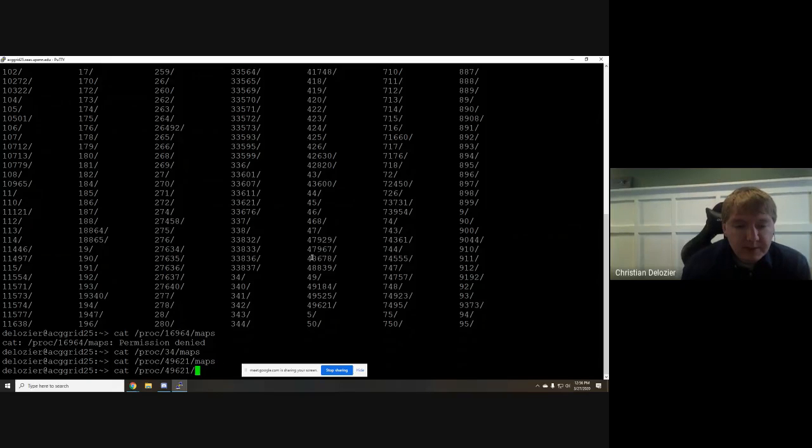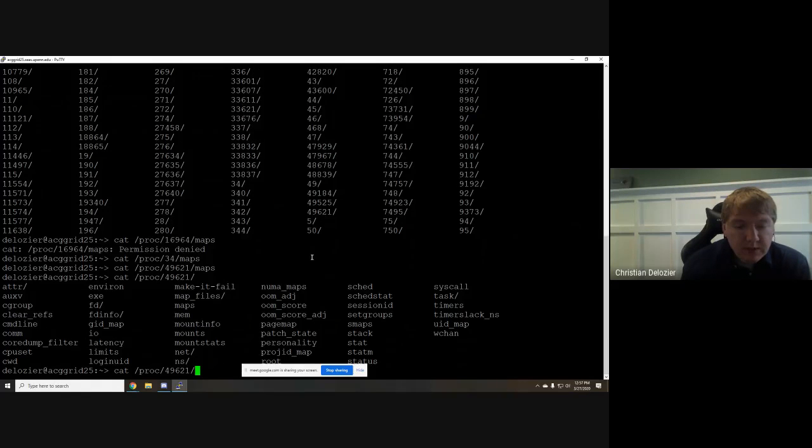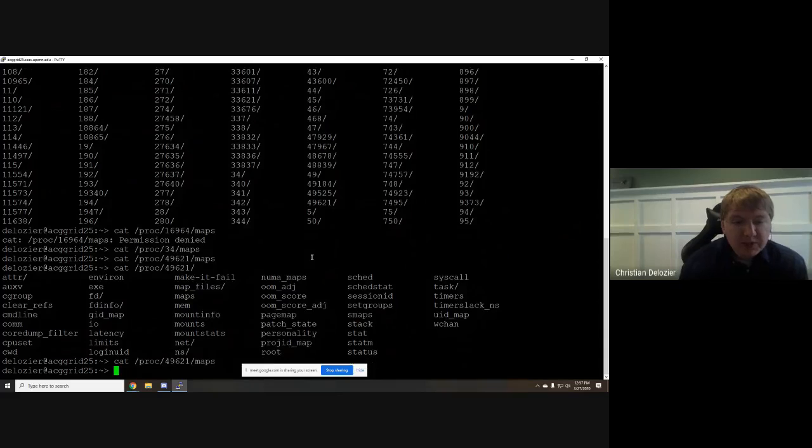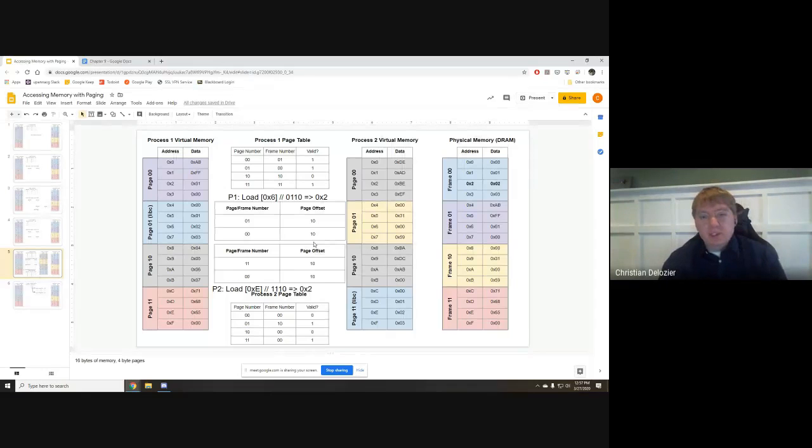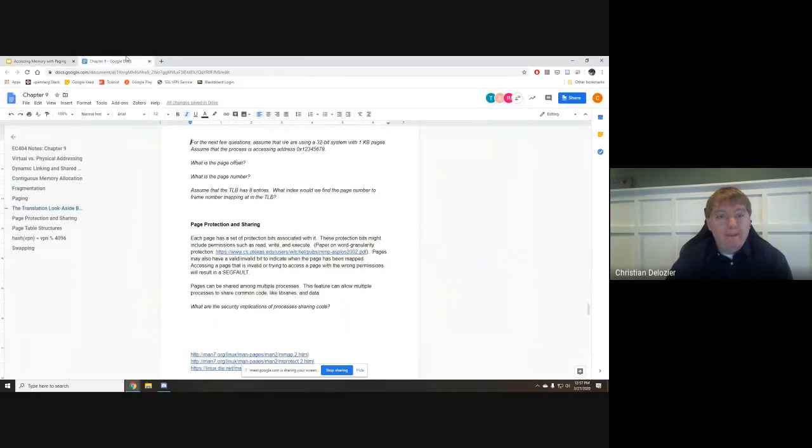That's weird. Usually when you cat maps, that should show you all of the process memory, but it's not showing it. So sorry, we should be able to see where everything is in memory when you're running a process, but I can send out a screenshot of that so we can see what an actual Linux system looks like, what's in memory.